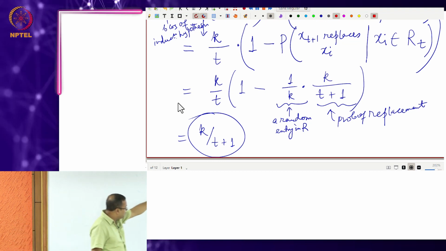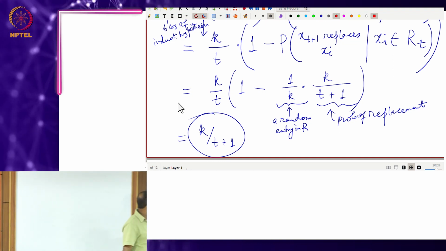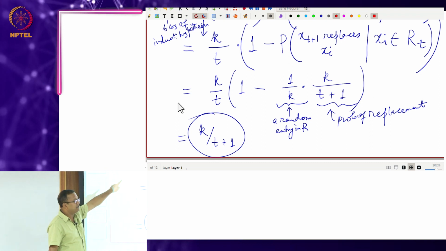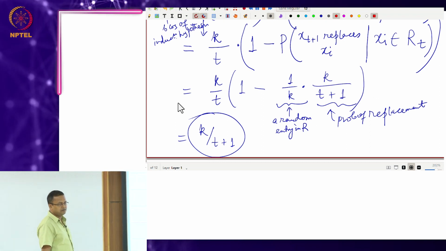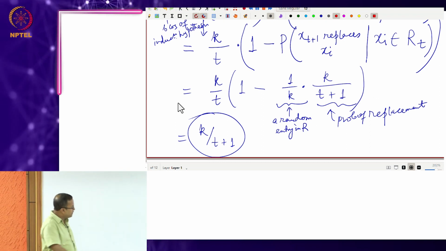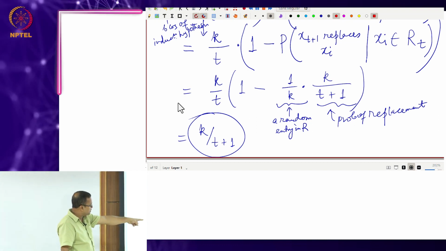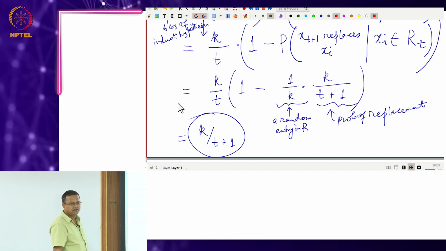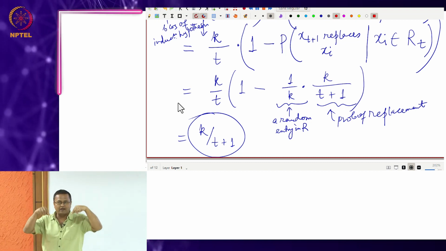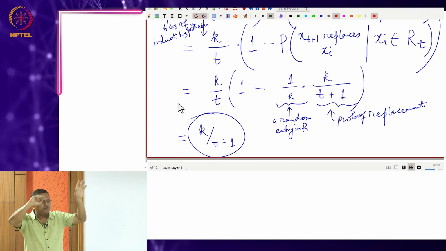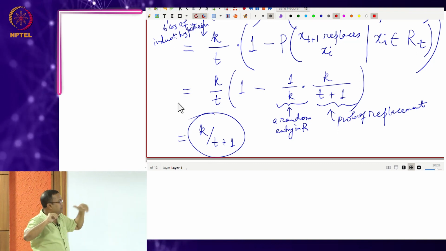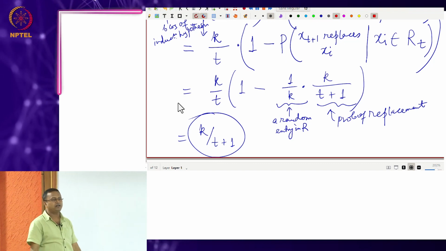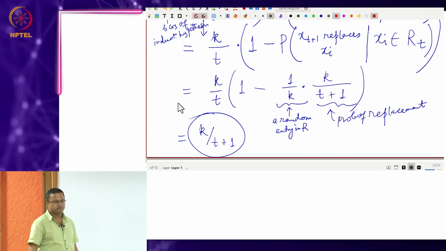Now, this part of the calculation actually fixes that probability k by i. So, you now know that for this to turn out to k by t plus 1, I should get things like this, and that gives you a back calculation idea that if I fix the probability as k by i, then this calculation would go in very smoothly.